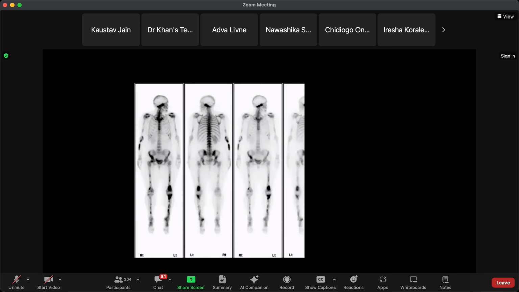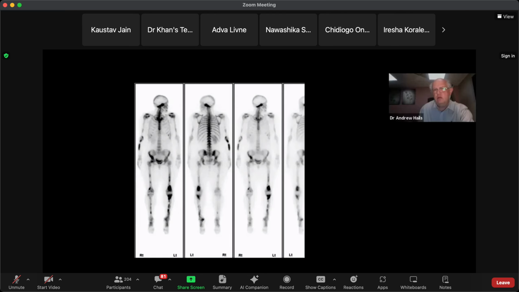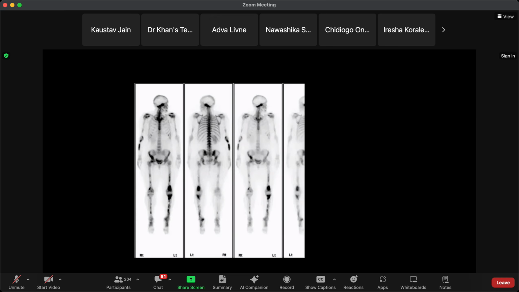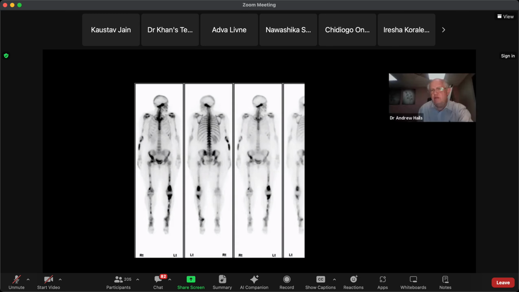I don't think this is a child, but no. Previous trauma to various parts of the body may cause this possibly. But I think the high uptake is mostly within the medulla rather than cortical, so I don't think they're all fractures. It would have to be very expensive, wouldn't it? If it was trauma, this person would have to have been run over by the bus.